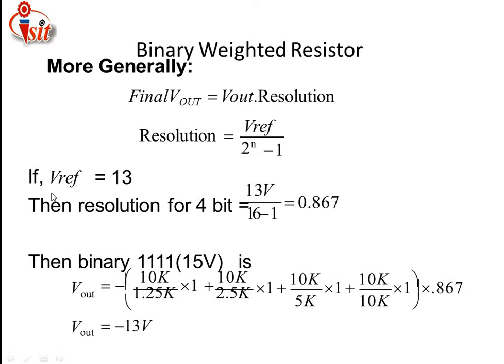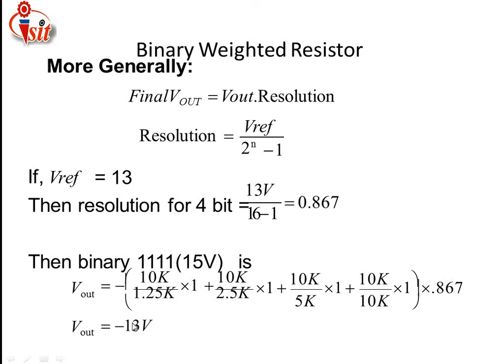Suppose for this example we are considering that the reference voltage is 13 volt, then the resolution for the 4-bit value is given by putting the value V reference as 13 volt and n equal to 4: 2 raised to 4 is 16, minus 1, that means 13 divided by 15. How much does that value come to? It is nothing but 0.867. This is the resolution per bit. This is the value for that resolution.